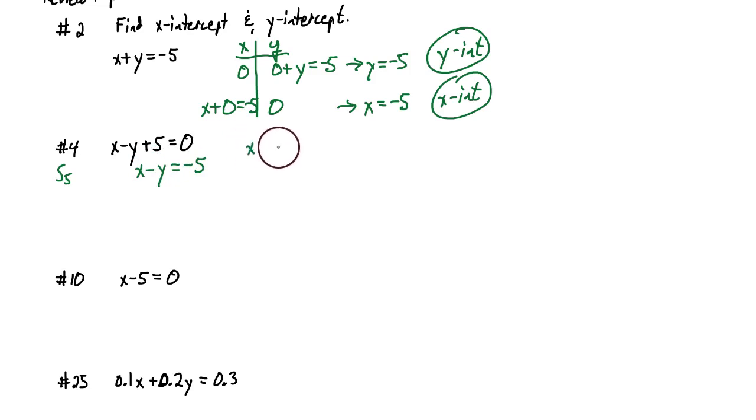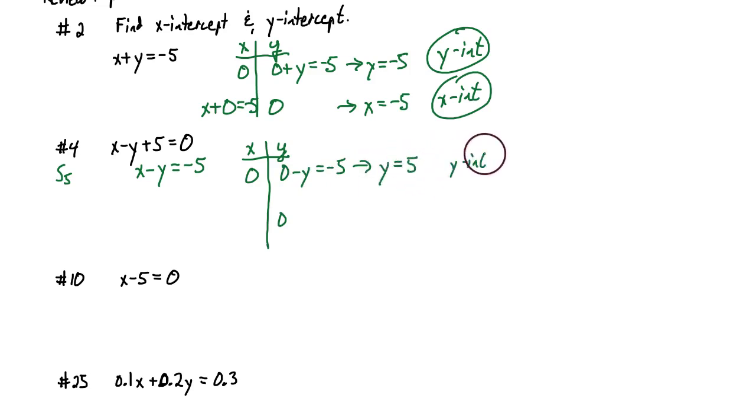Now let's make our 2-column table. We're going to end up using a 0 for x and then later on a 0 for y. So 0 minus y equals negative 5. That means that y is equal to 5. That's our y-intercept. Okay, now the next row.